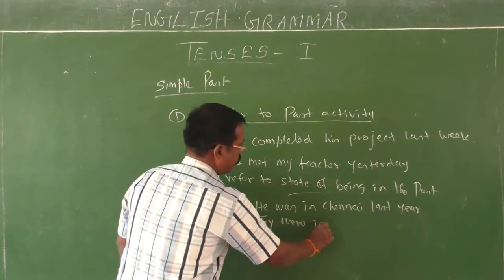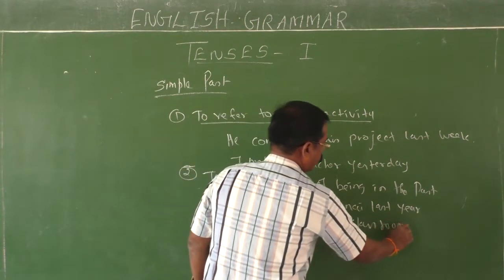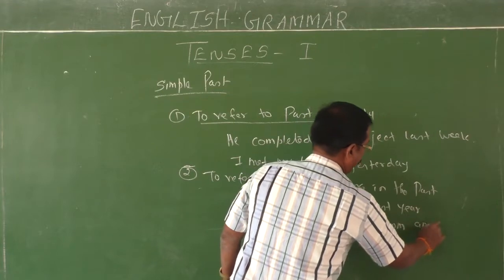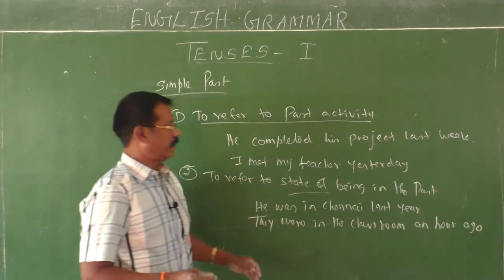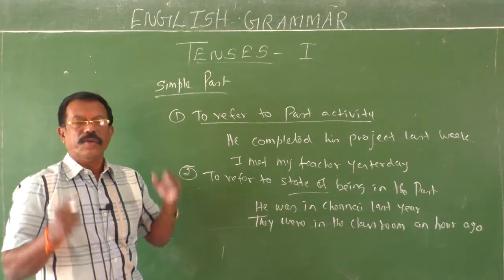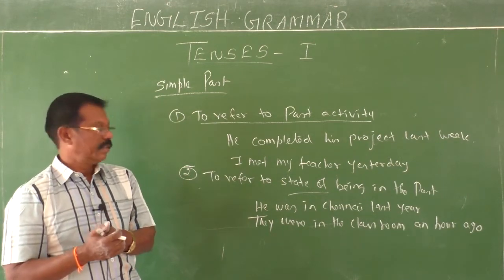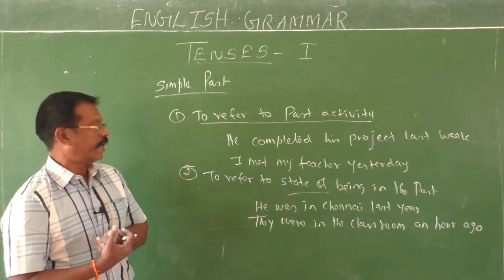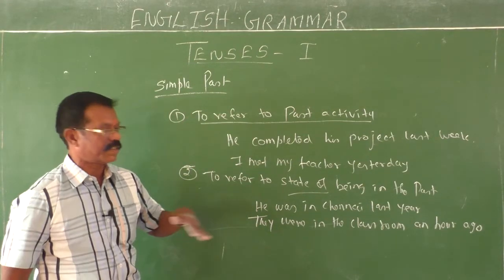They were in the classroom an hour ago. He was in good health. Once he was in good health. They were in the classroom an hour ago. So to refer to state of being in the past, we use this past tense.